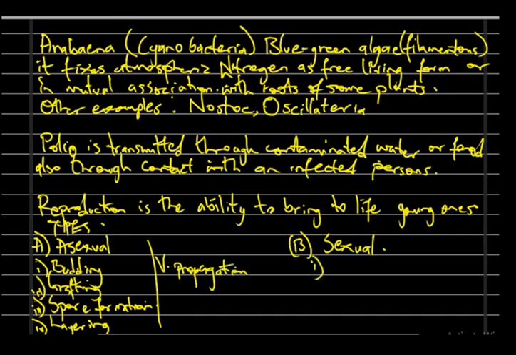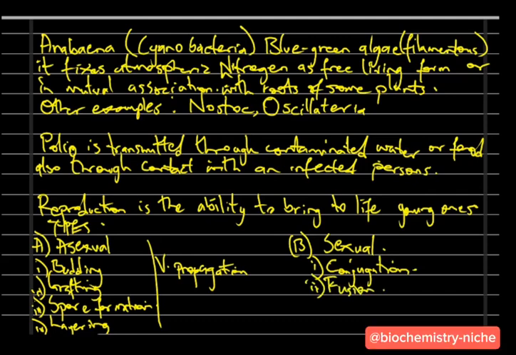The first one under sexual is called conjugation, and the second one under sexual we call fusion of gametes.